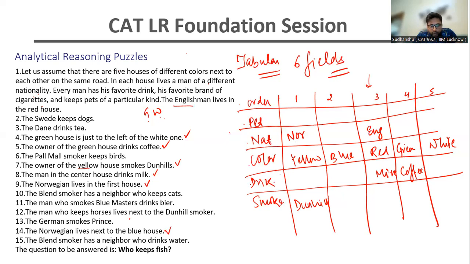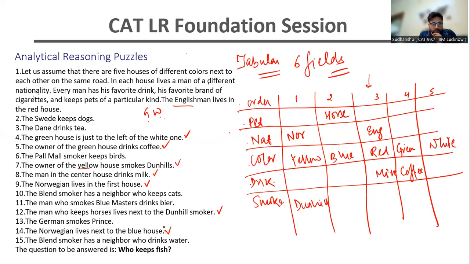The man who keeps horses lives next to the Dunhill smoker. Wow, another free gift. So put horse here. So far, we have utilized 1, 2, 3, 4, 5, 6, 7 pieces. I have a total of 15, so I have 8 more, and some of these cells are left to be solved. Let's try and see what I can do next.